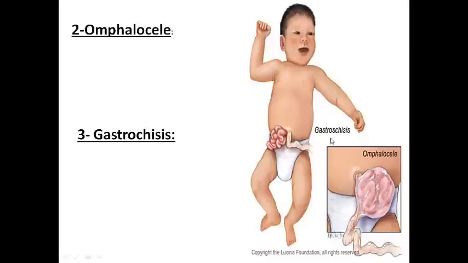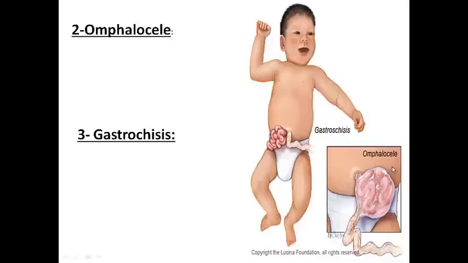On the other hand, there is another anomaly called gastroschisis, and this gastroschisis is a condition where you're going to have lack of formation of a part of the abdominal wall. Because you don't have a part of the abdominal wall, this is going to lead to the extrusion of the intestine through one side of the umbilical cord. But what's the difference between these two anomalies?